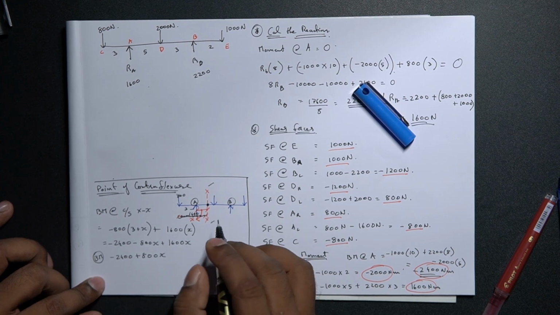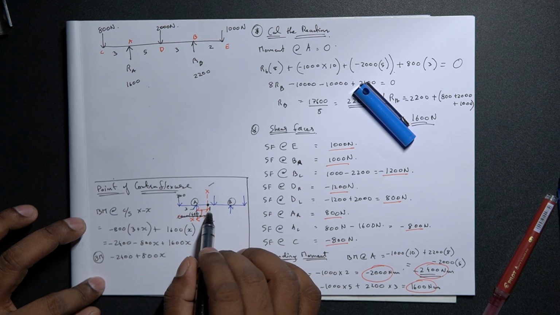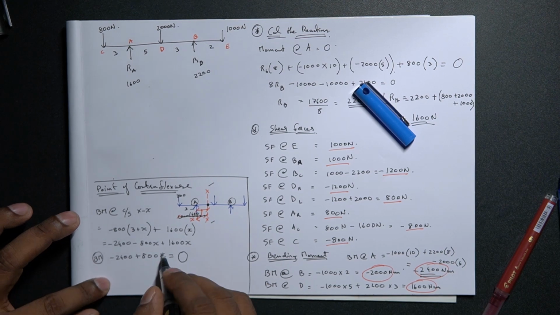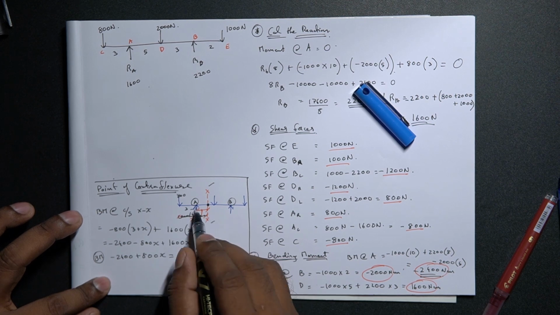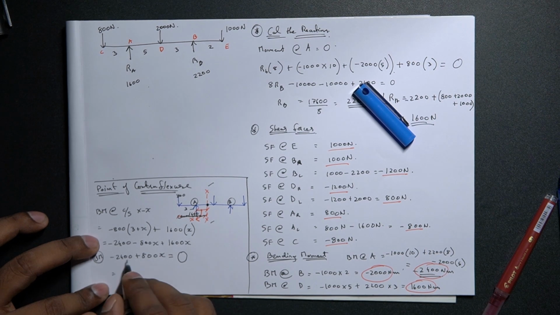Now we defined the point of contraflexure as the point where the bending moment would be absolute 0. So if we equate this equation to 0, we find the value of x, which is the distance of the point of contraflexure from your support A. On doing that, 2400 goes to the other side, 800 goes below.